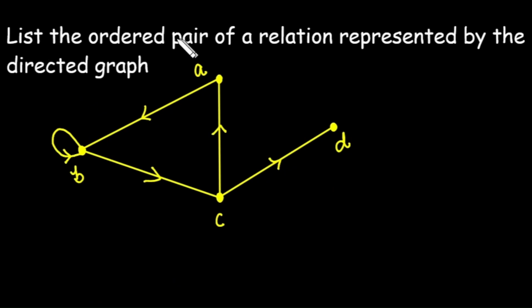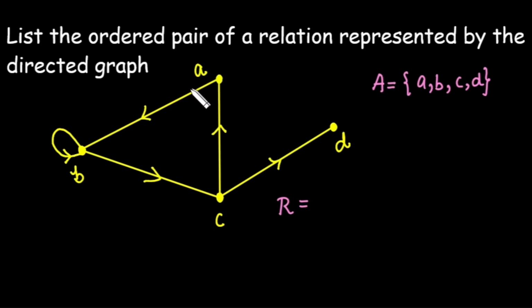In this case, we need to list the ordered pairs of the relation represented by this directed graph. Here we have 4 vertices, and the names of the vertices are A, B, C, D. It means in set A, we have 4 elements and they are A, B, C, D. Now we need to write the relation that is defined on this set according to this directed graph.